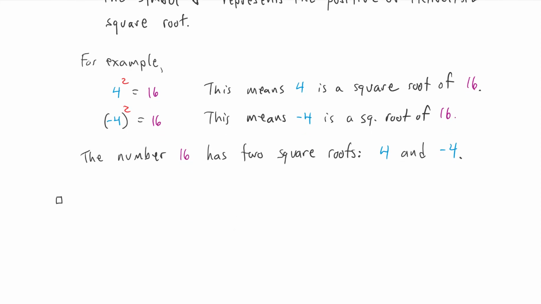All right. Next up, the number 0 only has one square root, and that is 0.